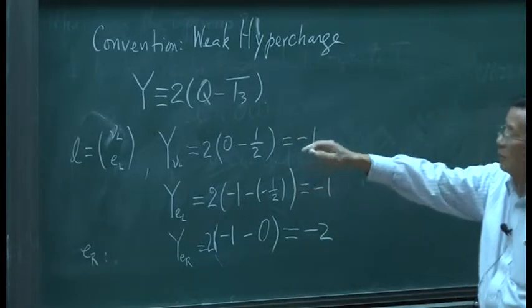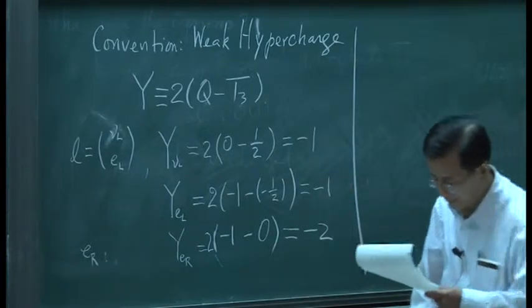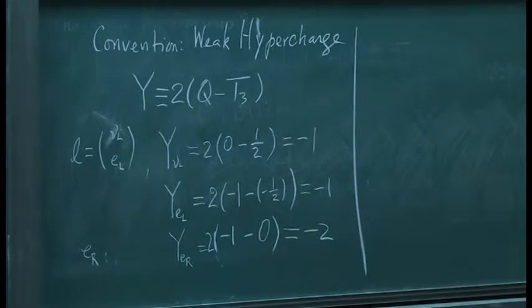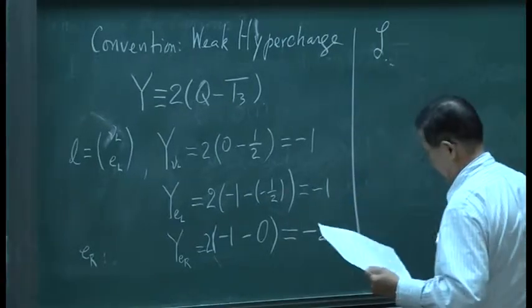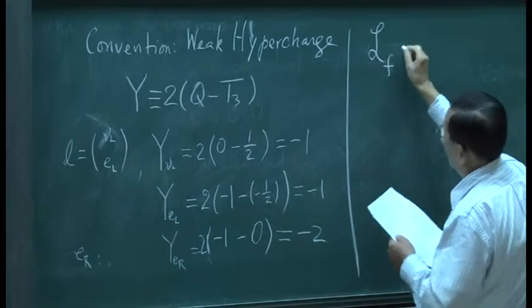Anyway, so you can go on and figure out all the quantum numbers here, and then you can just write down the Hamiltonian, or Lagrangian. Let me just write it out for you, okay? For the fermions.